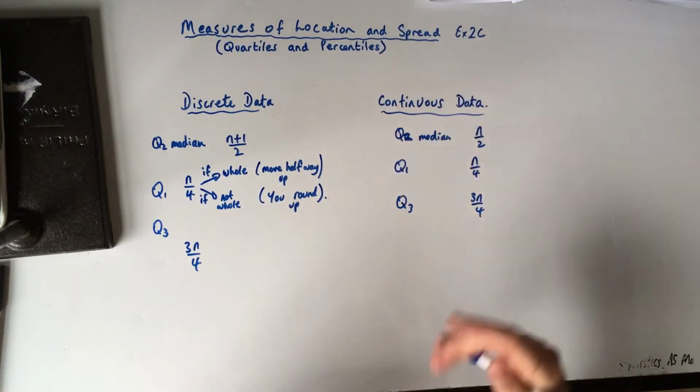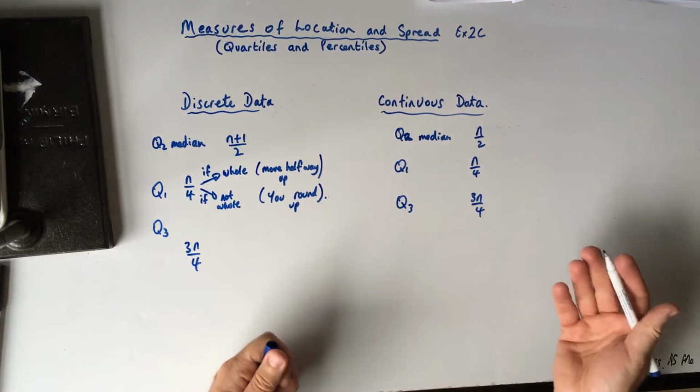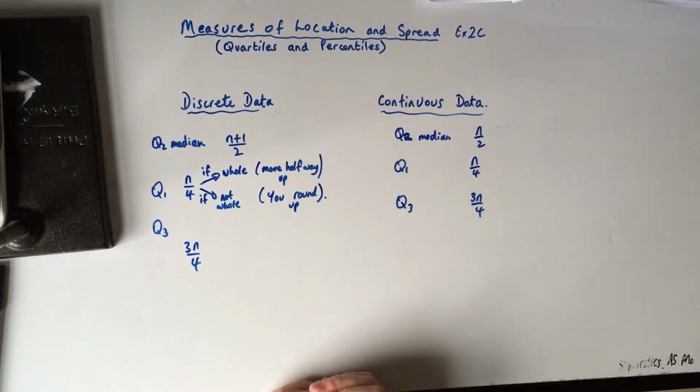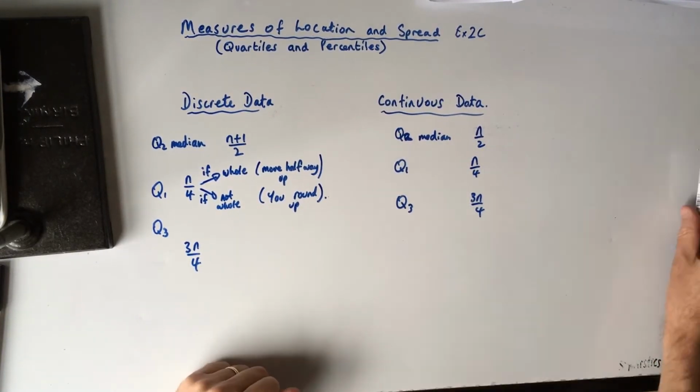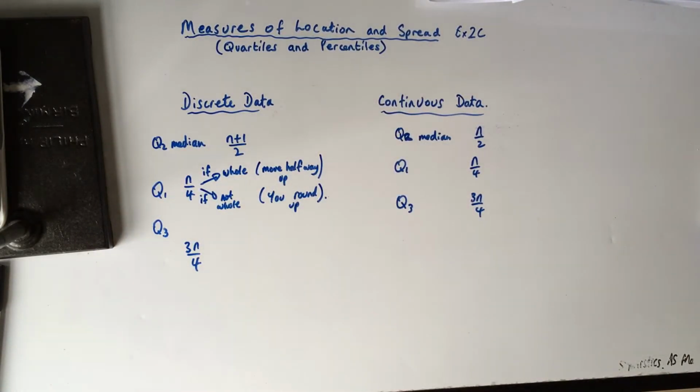And this is what we're dealing with most of the time, probably, is continuous data. If you're finding percentiles, again, continuous data, 90%, you just find 90%, as you do here. You're just finding a half, 25%, 75%, so on. Discrete data, you don't really get asked for beyond median, Q1 and Q3.